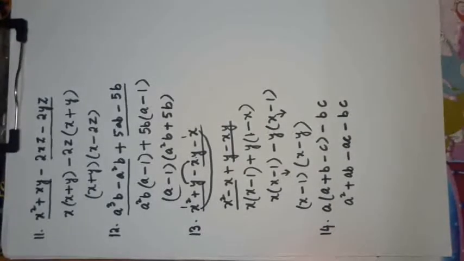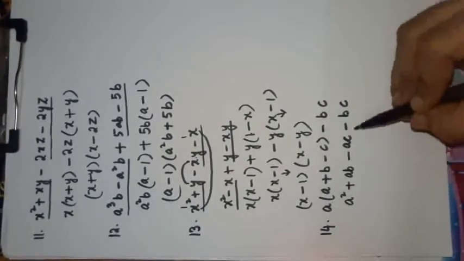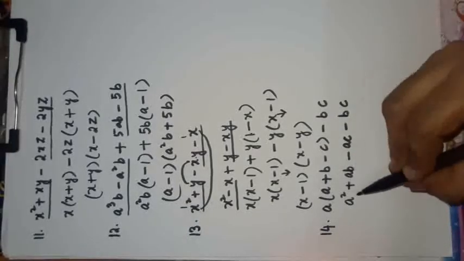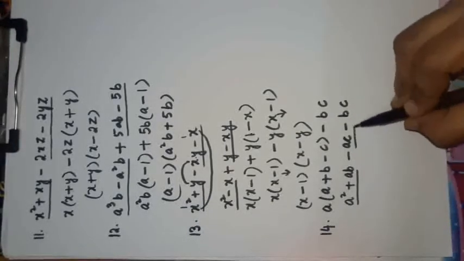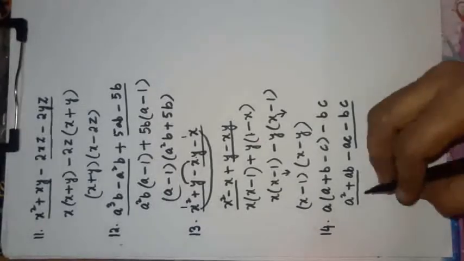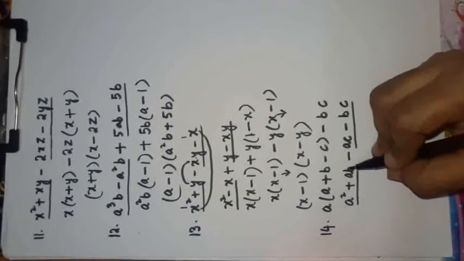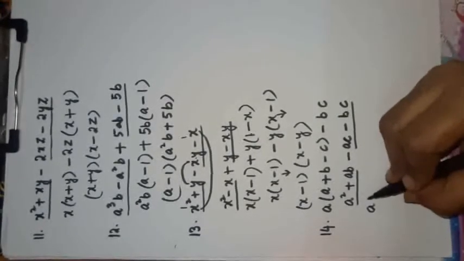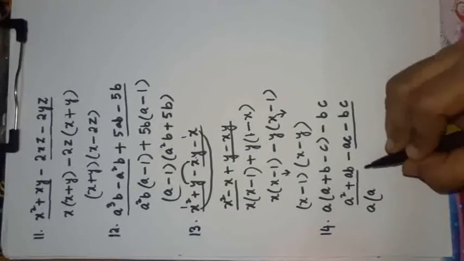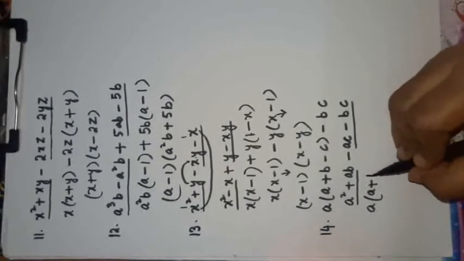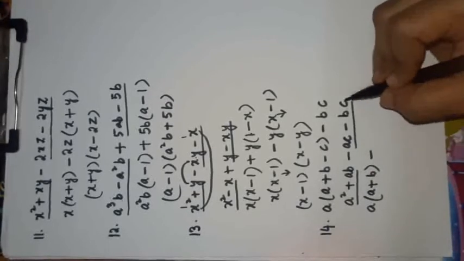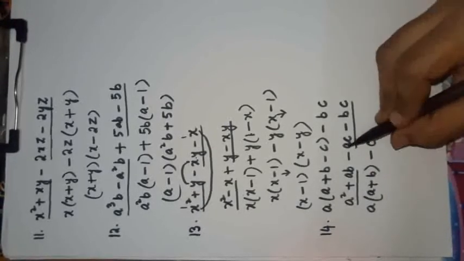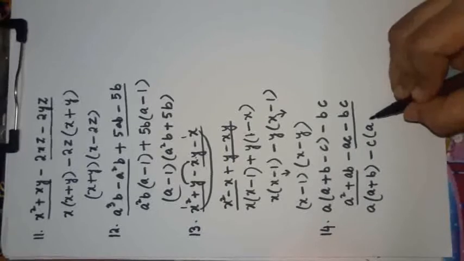So after this, again you are having four terms. Let us take these two and these two common. So now a square and here ab is there, so a will be common, then what is remaining after a common? a is remaining, plus here b is remaining, minus here c and c you can take common, then a, and minus into plus will be minus.